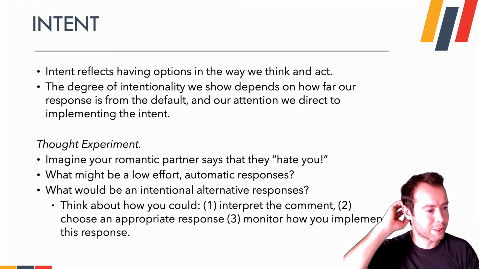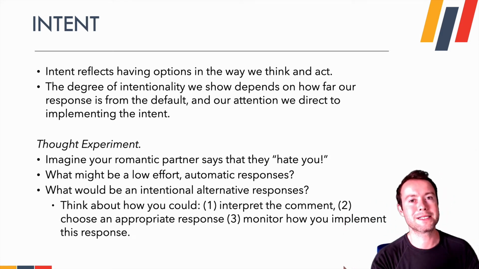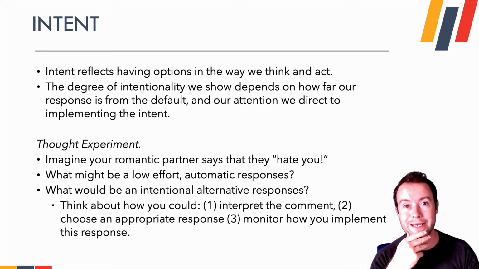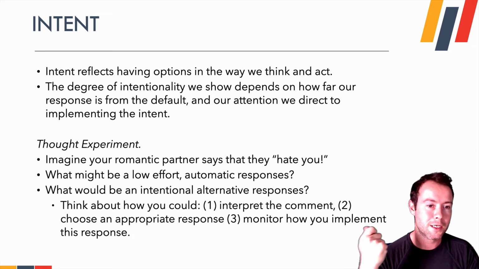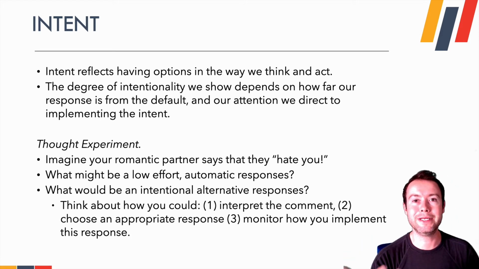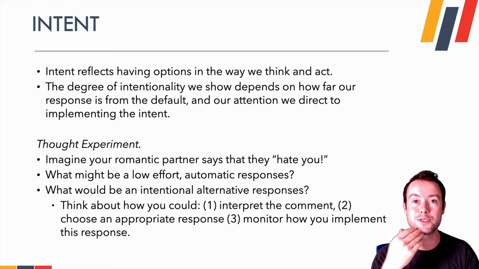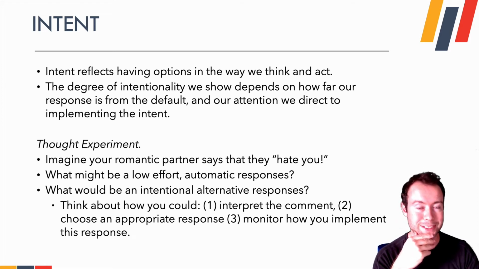So as a thought experiment here, imagine that a romantic partner or someone who is very close to you, so it could be a very close friend, they tell you that they hate you. Have a think about what might be a low effort automatic response, so one that doesn't require much intent.